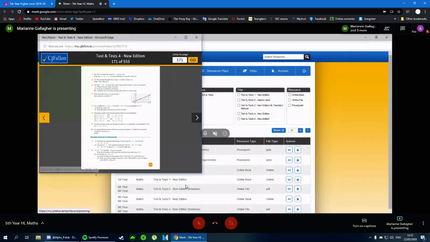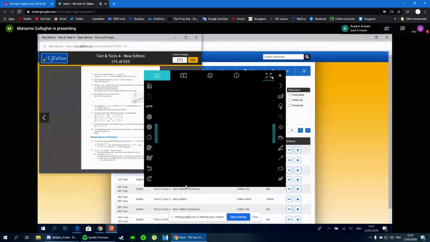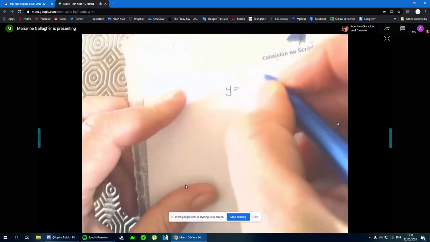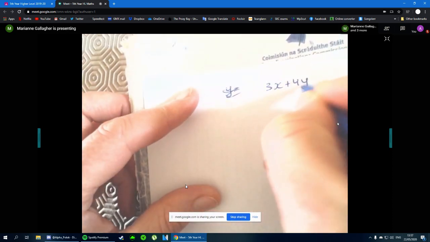And if you have a line, let me just go to my camera. If you have a line that's in general form, so say you have 3x plus 4y minus 6 equal to 0, something like that.